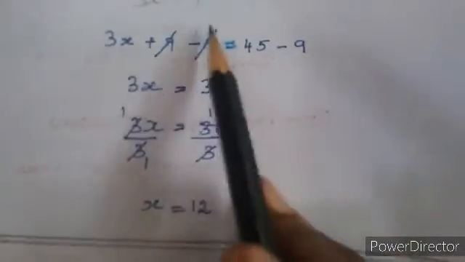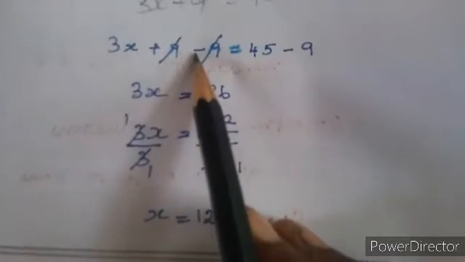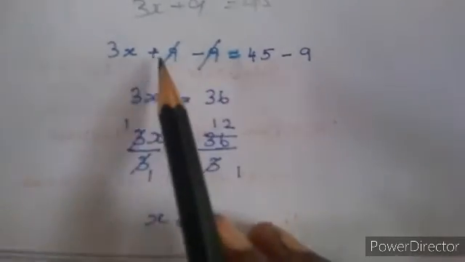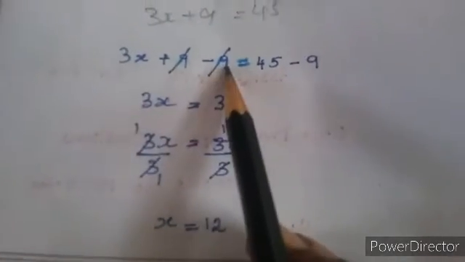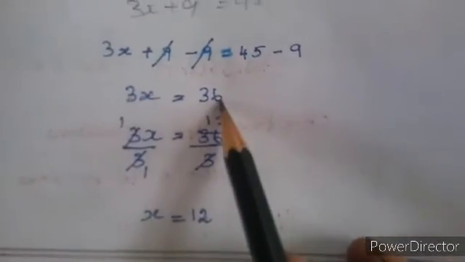Now cancel these two numbers. Plus 9 minus 9, we subtract these two numbers, 9 minus 9 gives 0. The same number with different signs we can directly cancel. 45 minus 9 is 36.